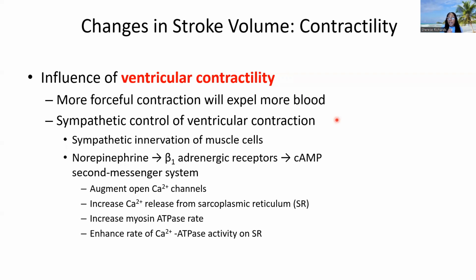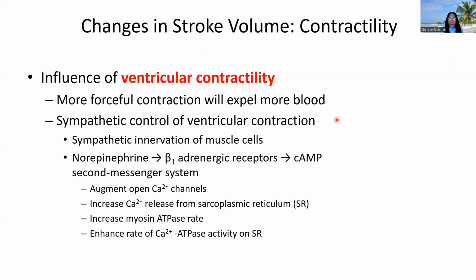Going back to what we said earlier, the heart contractile cells do not have any input from the parasympathetic system. So when we speak about ventricular contractility, there's only one division of the autonomic nervous system that can regulate it. The sympathetic system innervates the contractile muscle cells.